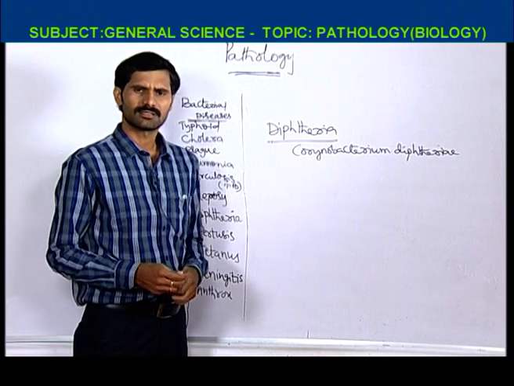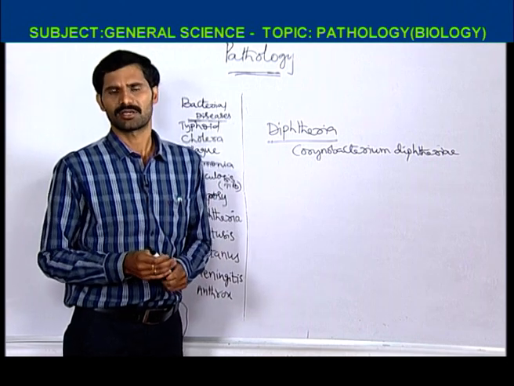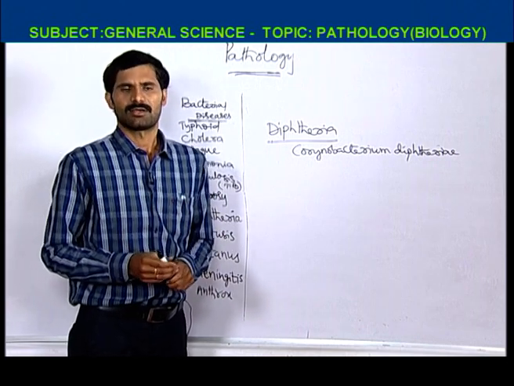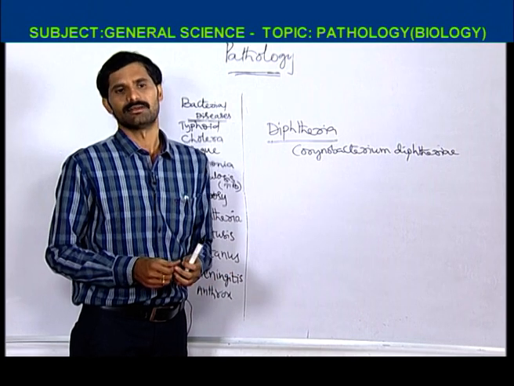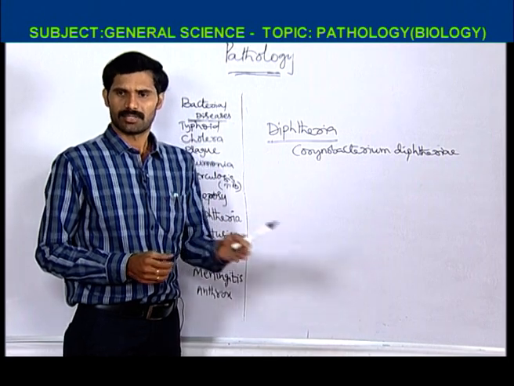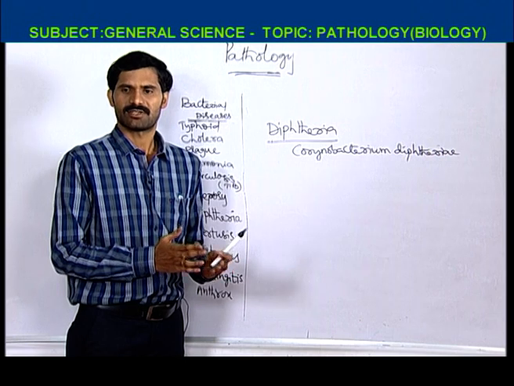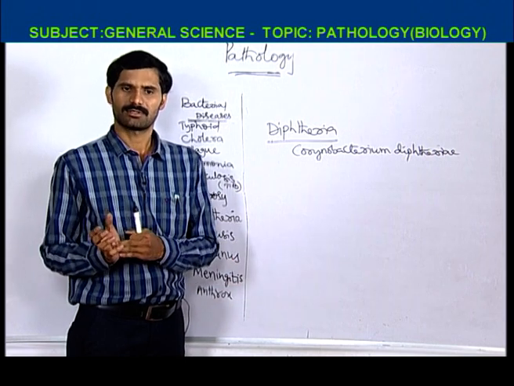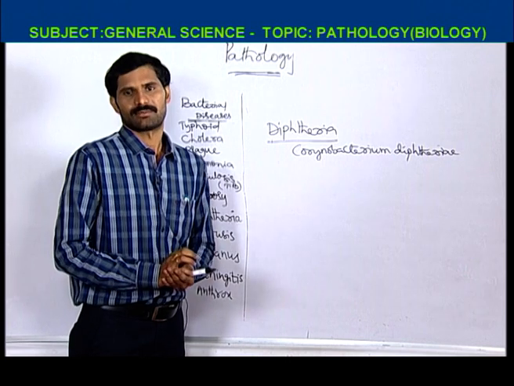What is the difference between a contagious disease and a communicable or infectious disease? A contagious disease can spread by contact, but a communicable or infectious disease is transmitted from one person to another and is caused by pathogens.